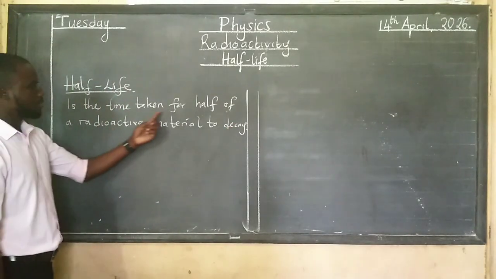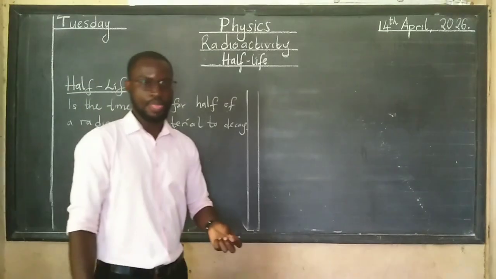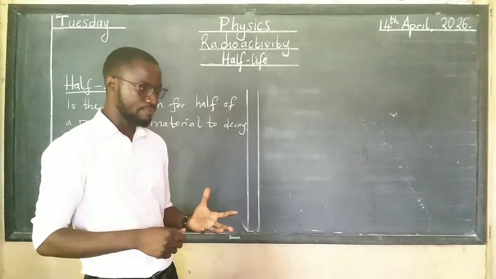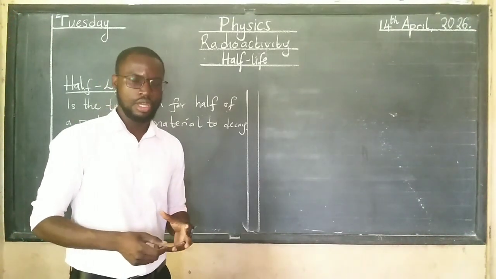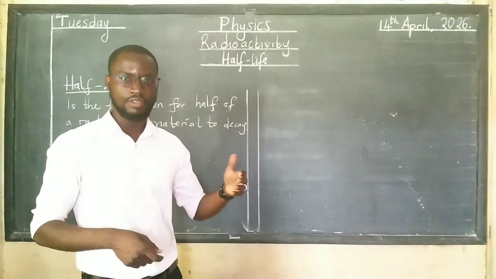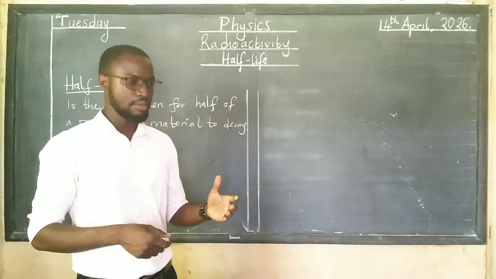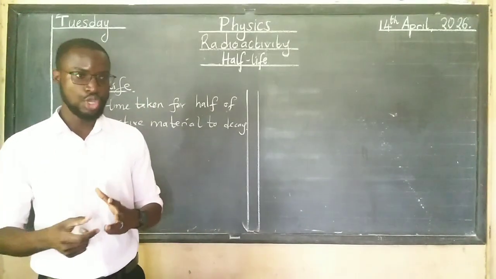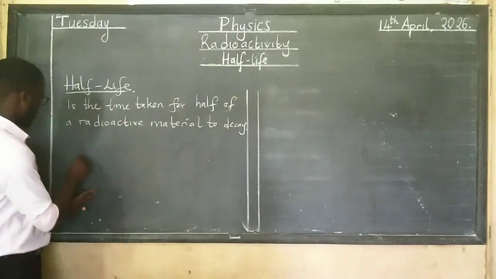So this is the time it takes for half of a radioactive material to decay. And these radioactive materials like uranium-238, carbon-14, thorium and whatnot, they have half-lives, and scientists have actually discovered these half-lives. So using the half-life, we are able to tell how much of a radioactive substance will be left after some time. So the questions will look like this.